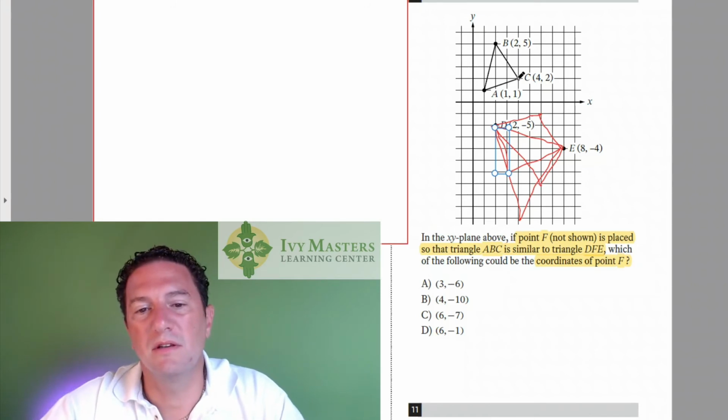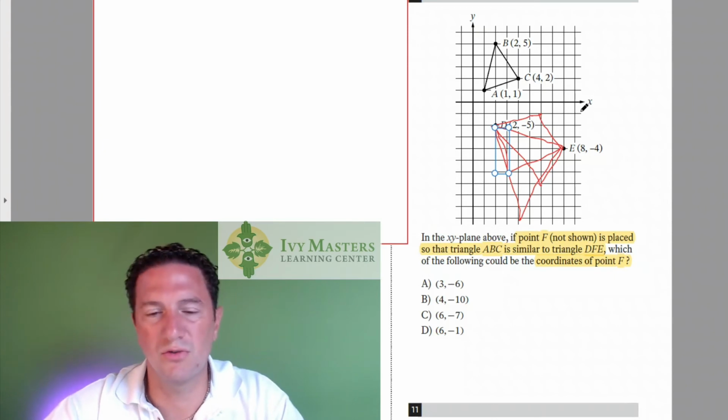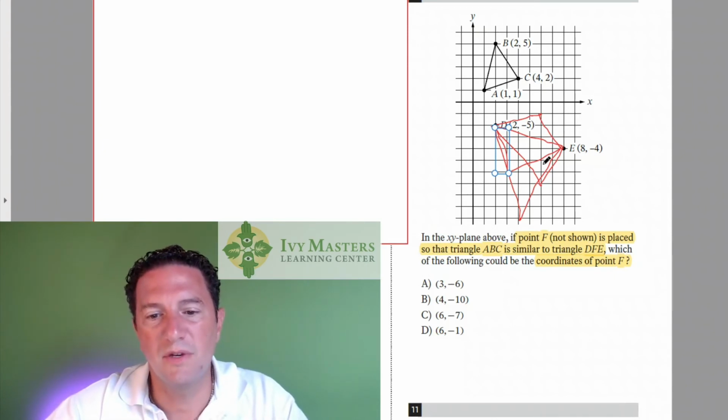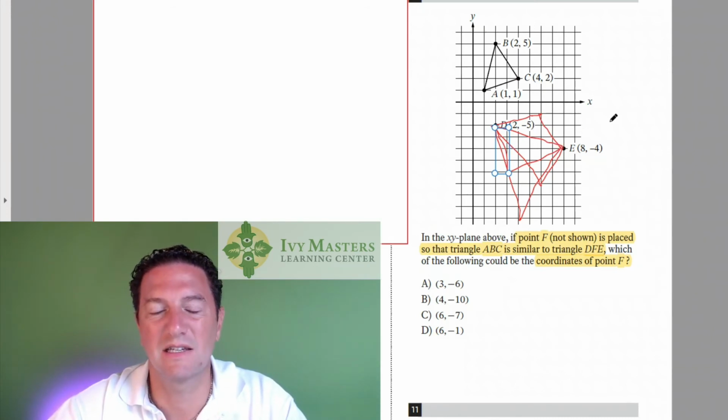Let's just look between points A and C. From A to C, you go up 1, and you go over 1, 2, 3. So that's got to be the same ratio of rise over run, or drop over run, as our triangle. And between the 2 points that were given already, between D and E, you'd go down 1, 2, and run 1, 2, 3, 4, 5, 6.